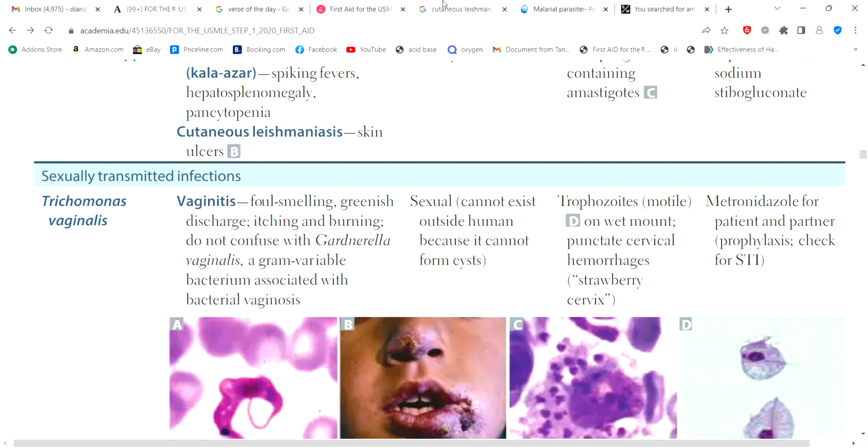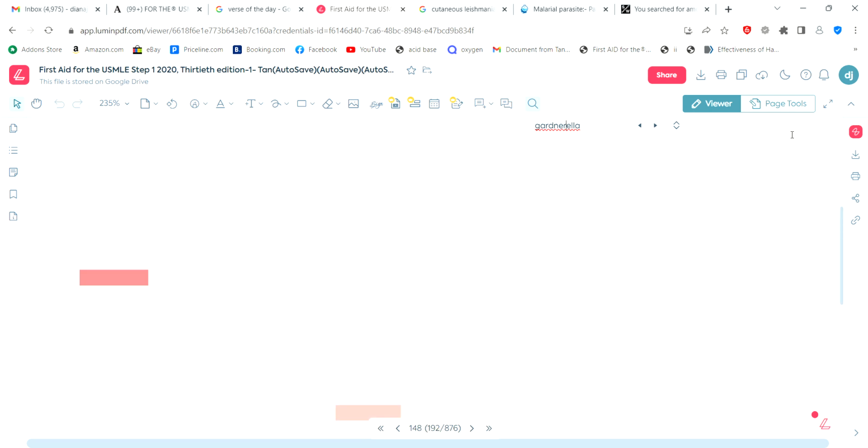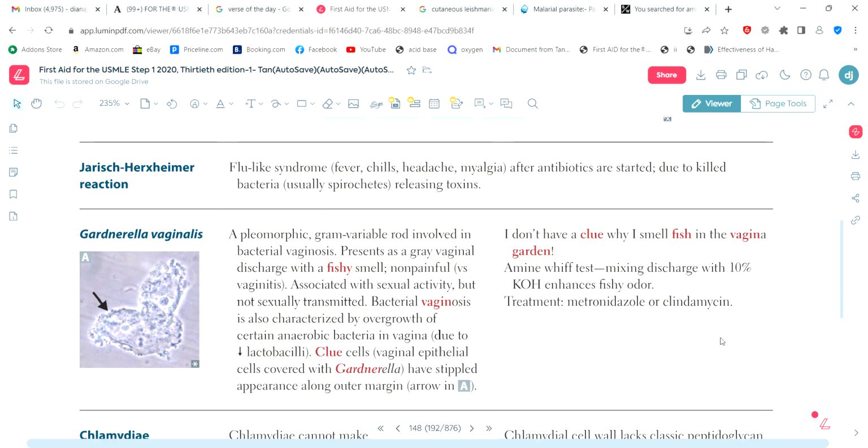Gardnerella is a pleomorphic gram-variable rod involved in bacterial vaginosis, presents as a gray vaginal discharge with a fishy smell.